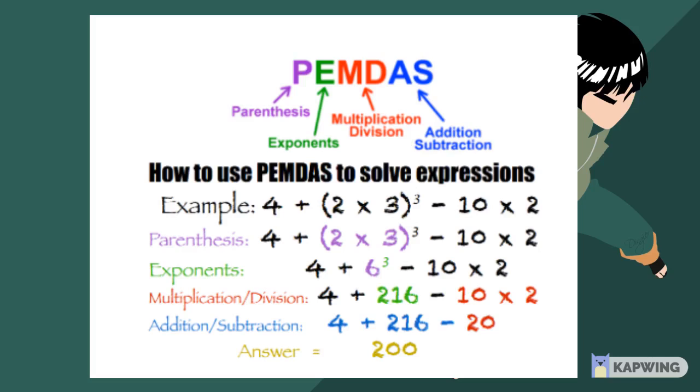Exponents: 4 plus 6 to the third power minus 10 times 2. Multiplication, division: 4 plus 216 minus 10 times 2. Addition, subtraction: 4 plus 216 minus 20. The total answer is 200.